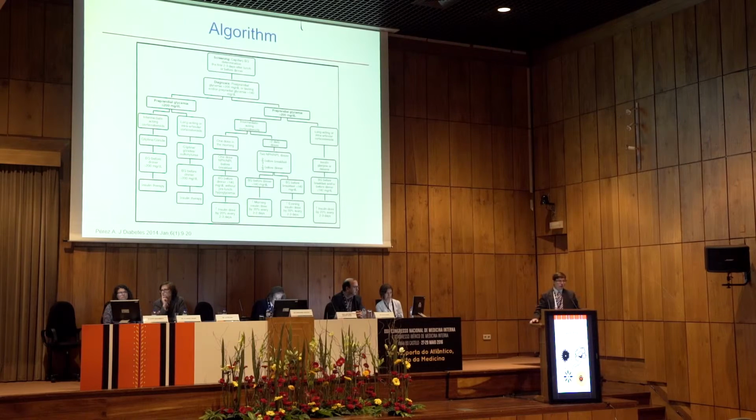This algorithm summarizes all of these explanations. Here you can see for glucose values below 200, if the glucocorticoid is intermediate action, we can use oral agents. For long-acting intra-articular corticoids, we can use oral agents.